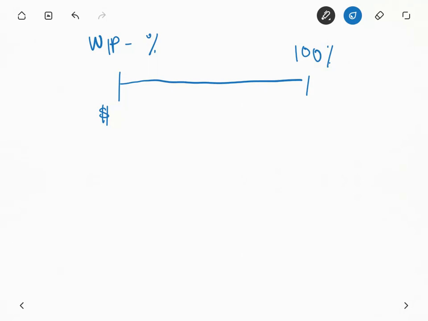But we want to find the value at 70% complete. So we have to calculate the net realizable value. You heard of net realizable value?